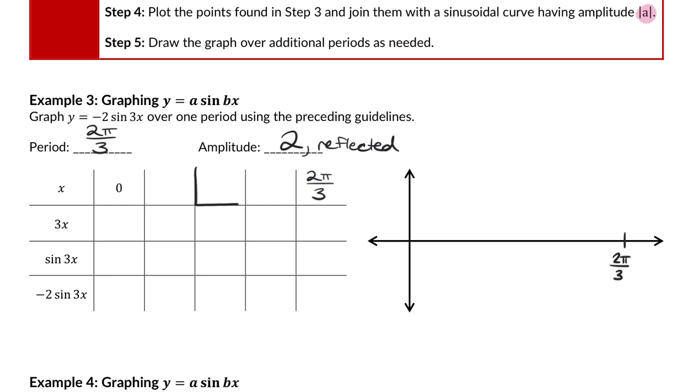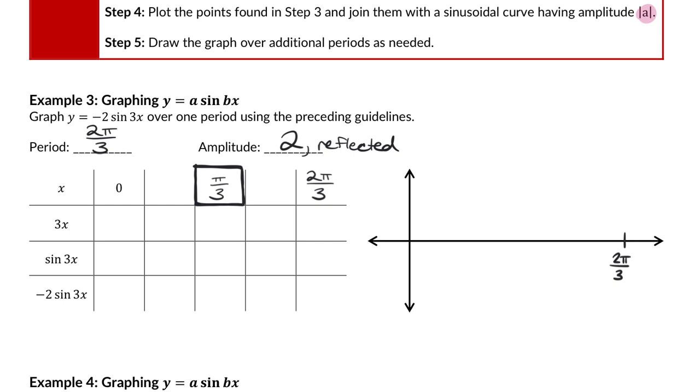If this is in the middle of 0 and 2 pi over 3, how far is that? Halfway between 0 and 2 pi over 3. Pi over 3. Why is it pi over 3? What's half of 2 pi over 3?